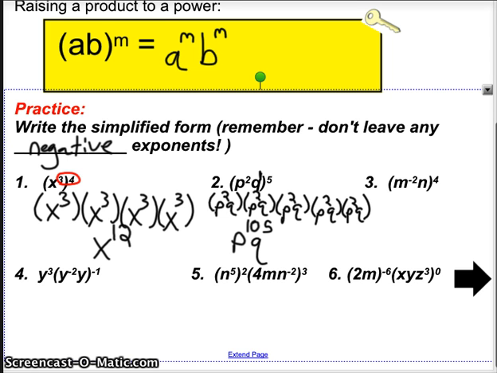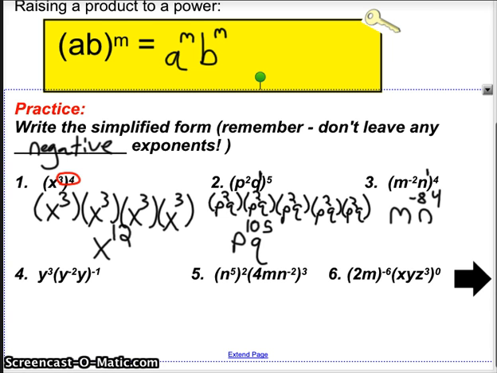For example, for number 3, m to the negative 2 times n, all to the 4th power. Power of a power, so I'm going to multiply my exponents. I have my m, negative 2 times 4 gives me a negative 8. My n, don't forget when there's nothing there, means a 1. 1 times 4 gives me 4.